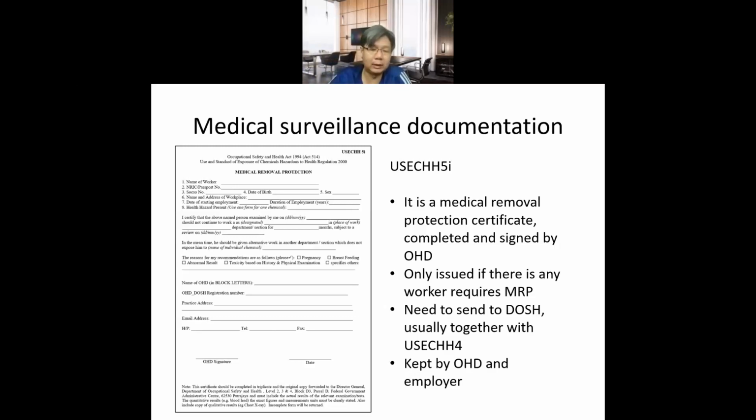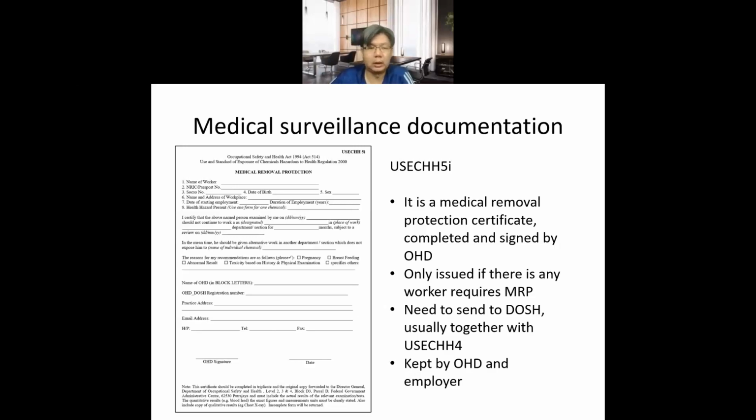As a doctor, when we encounter that this lady works in stainless steel production exposed to chromium-6, and she is pregnant, straight away we will issue medical removal protection. But that does not mean that she is having an occupational disease.